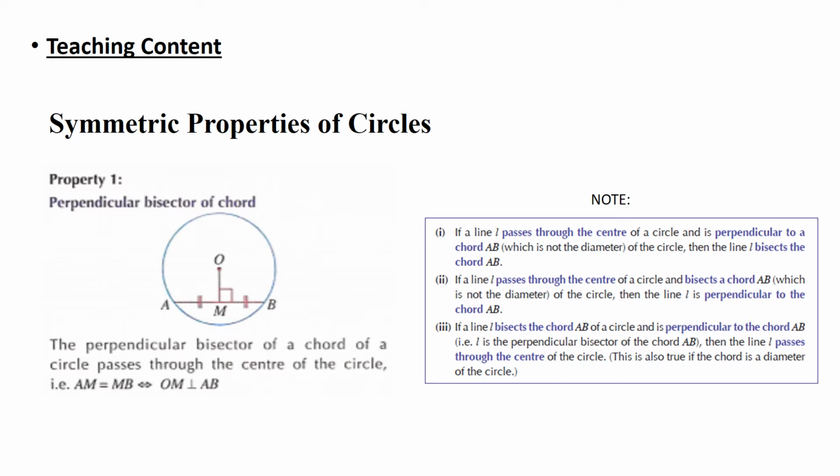This is the converse of statement 1. So the conclusion is that if a straight line from the center is perpendicular to a chord AB, then it will bisect the chord AB and vice versa.